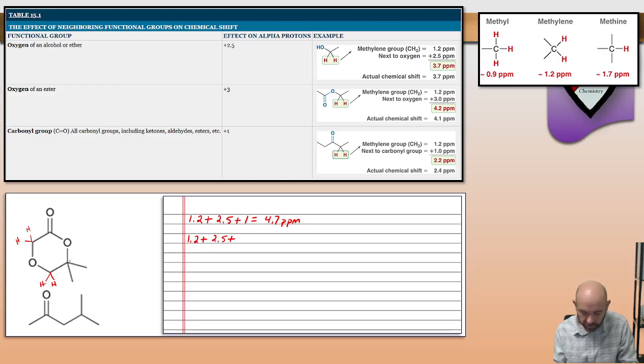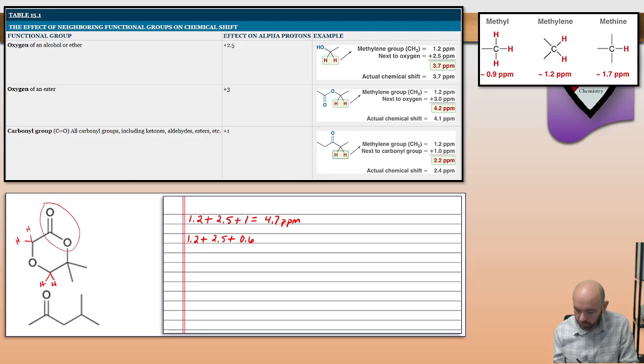And they are beta, so that would be the beta carbon for that ester group there. So the ester has a total addition of 3 in the alpha position. In the beta position, it's going to be about a fifth of that, so it's only going to be about 0.6.